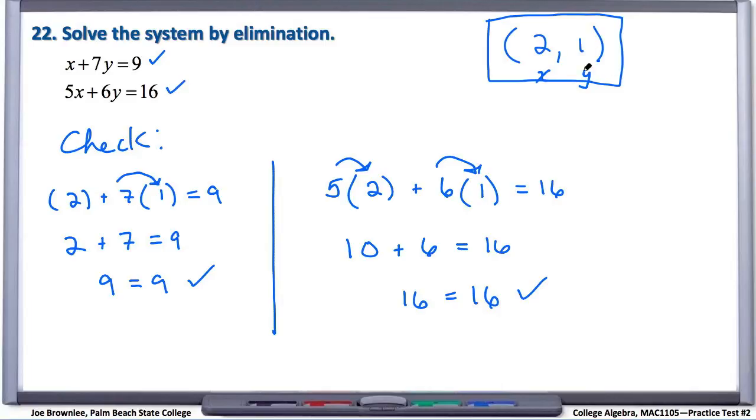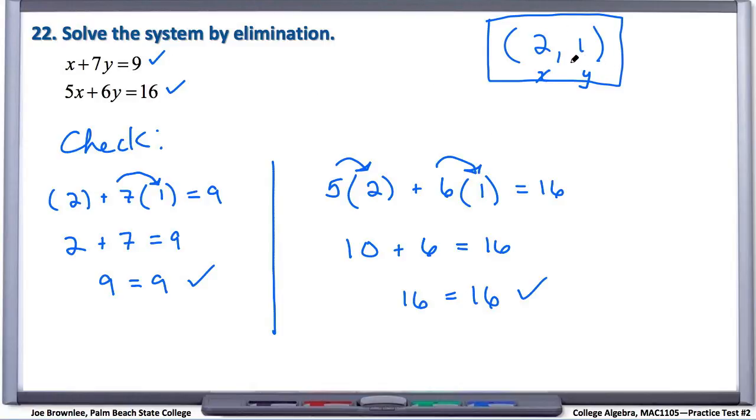If the solution that you find only works in one of the two equations, it is not a solution to the system. If the solution you find doesn't work in both of them, it's also not a solution. The solution, the ordered pair that you find, has to work in both in order to be a solution to the system.